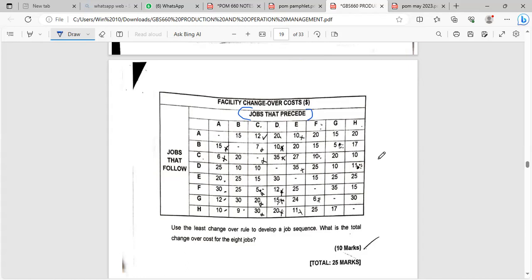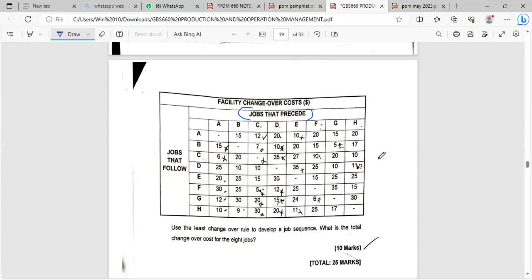Excuse me, are people with me? Yes, we are. Oh, 5 looks like the smallest cost. Okay, so which one is the smallest cost?